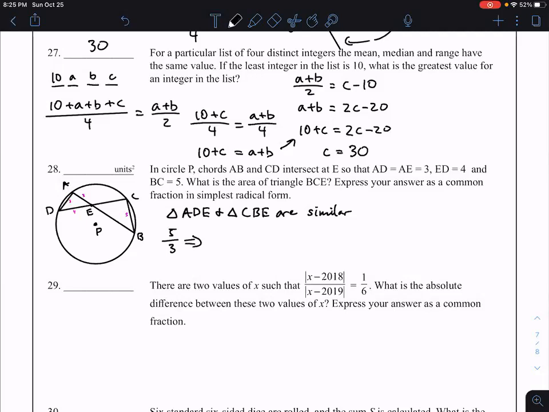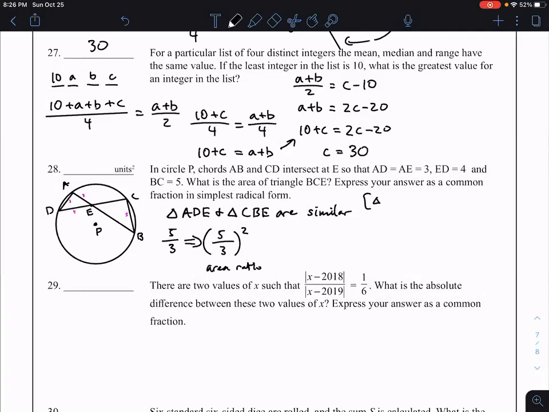So this means that the area of CBE is (5/3) squared times the area of ADE. Area ratio. And now we can just find the area of ADE, and then we can multiply it by the area ratio to find the area of CBE.